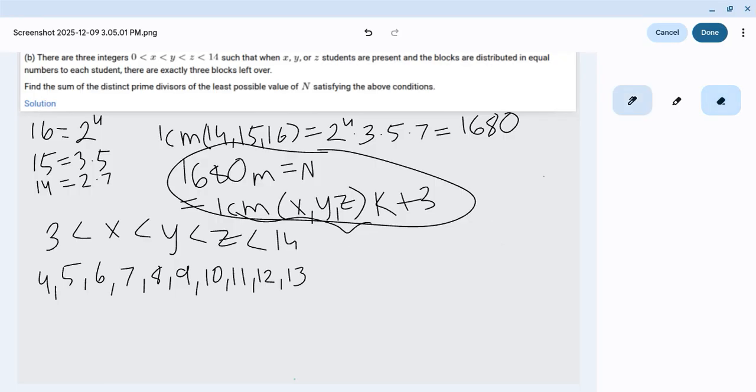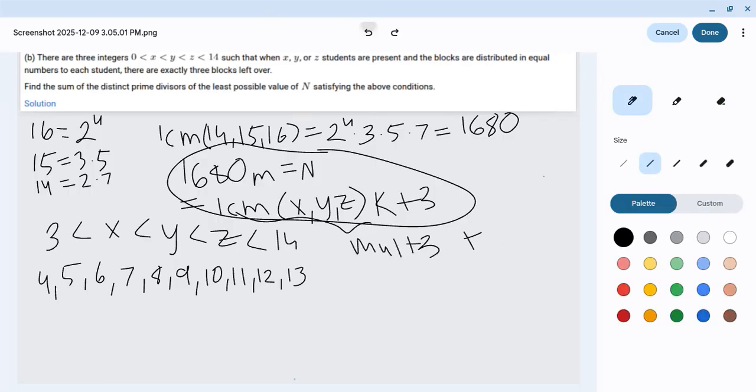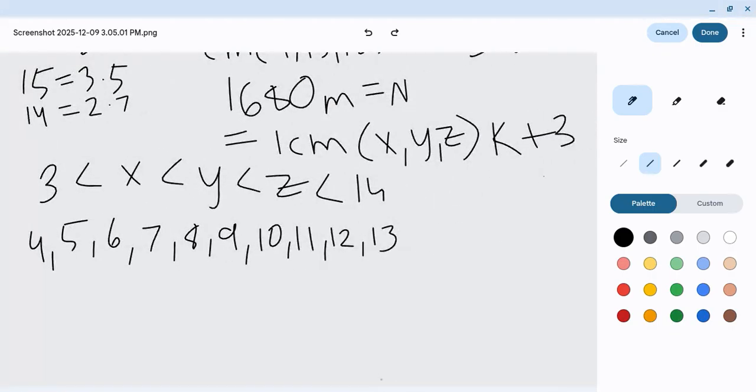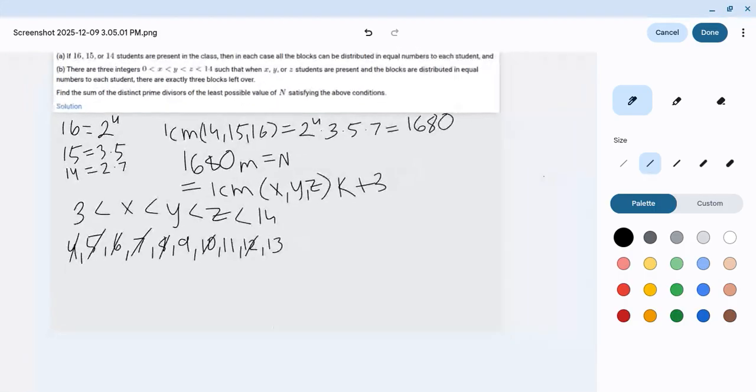So the only numbers that we cannot have for x, y, and z are multiples of 2, 5, and 7. So let's go back here and cancel all the multiples of 2, 5, and 7. Canceling out all the 2's, and then the 5, and 10 is already a multiple that we canceled out, and 7 gets canceled out.